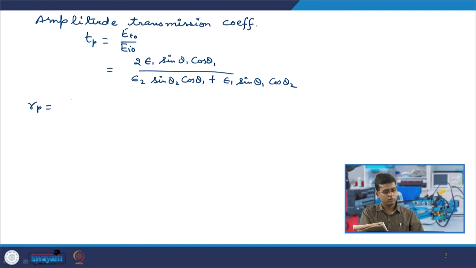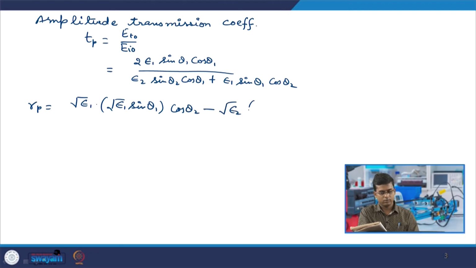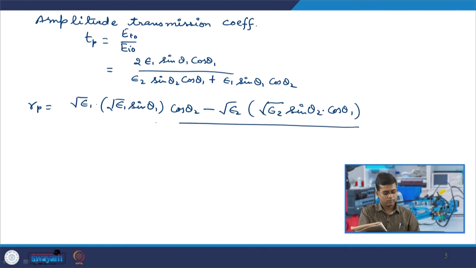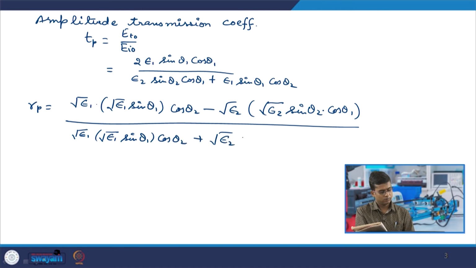So, Rp is equal to, it was under root epsilon 1 into under root epsilon 1 sin theta 1 cos theta 2 minus under root epsilon 2 into under root epsilon 2 sin theta 2 cos theta 1, divided by under root epsilon 1 into under root epsilon 1 sin theta 1 cos theta 2 plus under root epsilon 2 sin theta 2 cos theta 1.